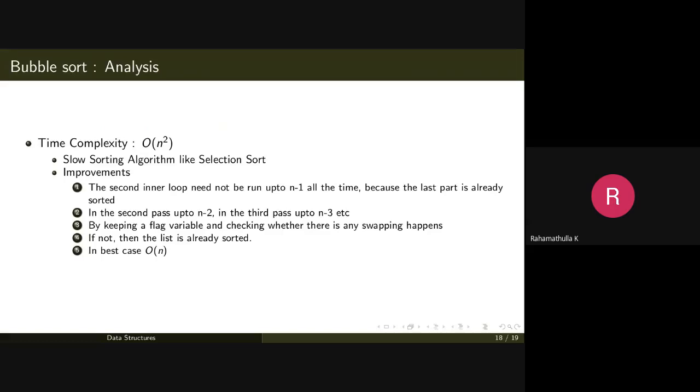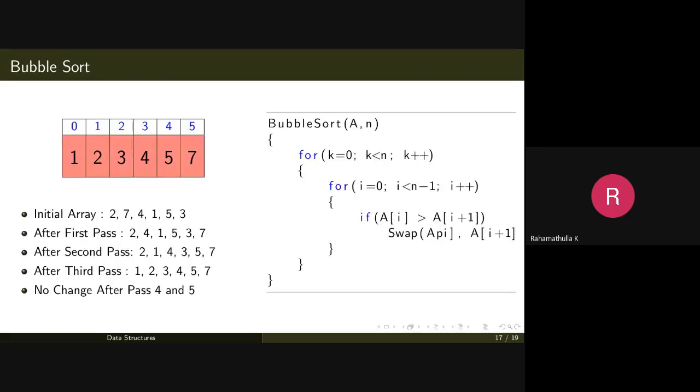You can also keep a flag variable for checking whether the list is already sorted or not. For example, in this case, after the third pass itself, the entire array is sorted.